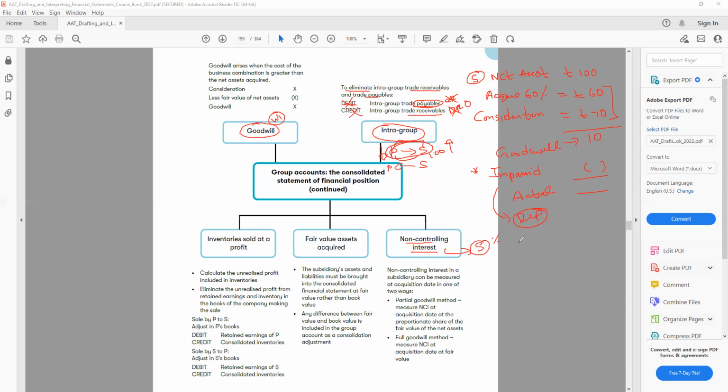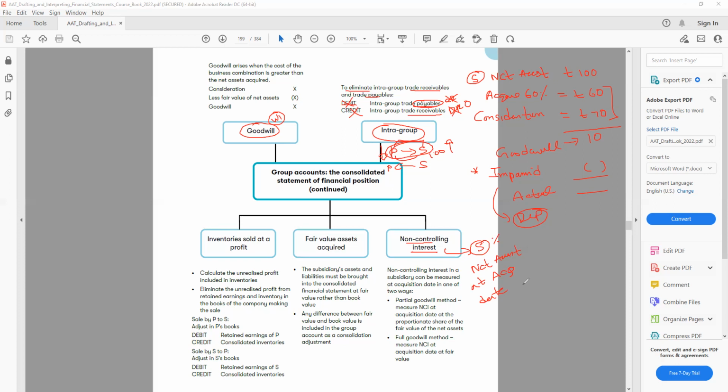First we need to look at the net asset at the acquisition date, ACQ. Net asset at the date of acquisition. Acquisition date means the date the parent purchased the subsidiary.